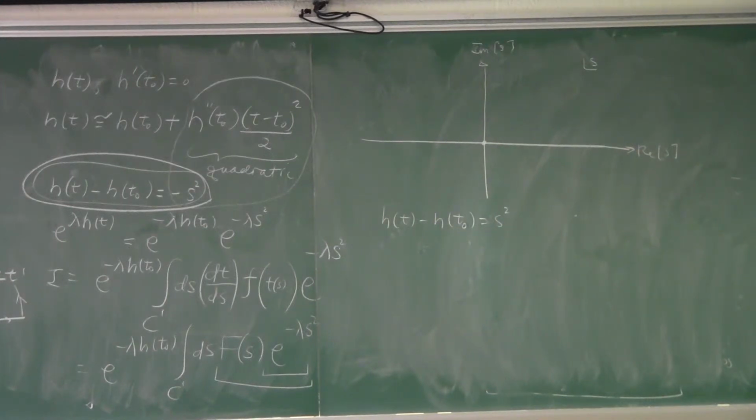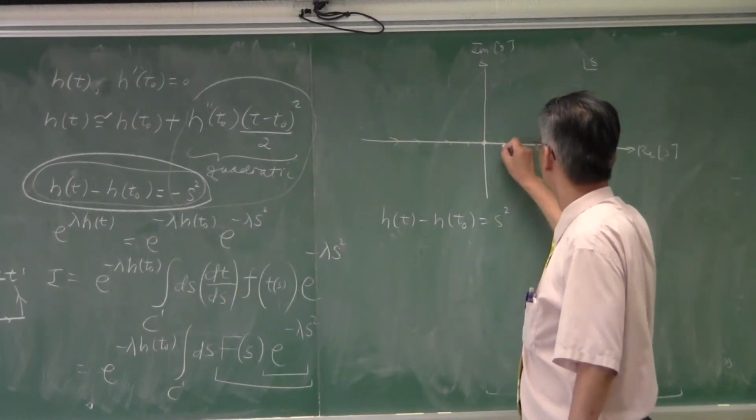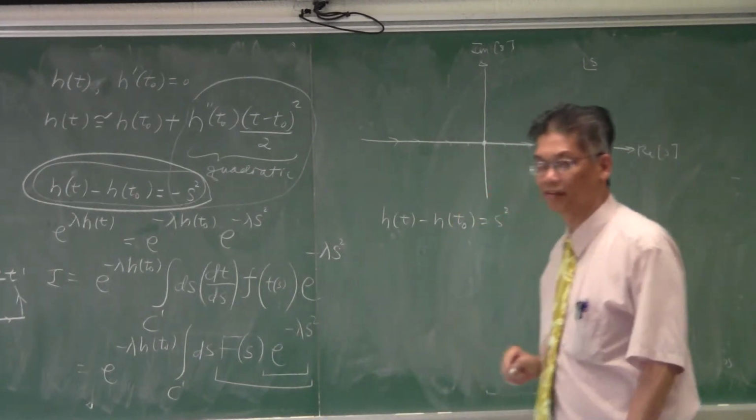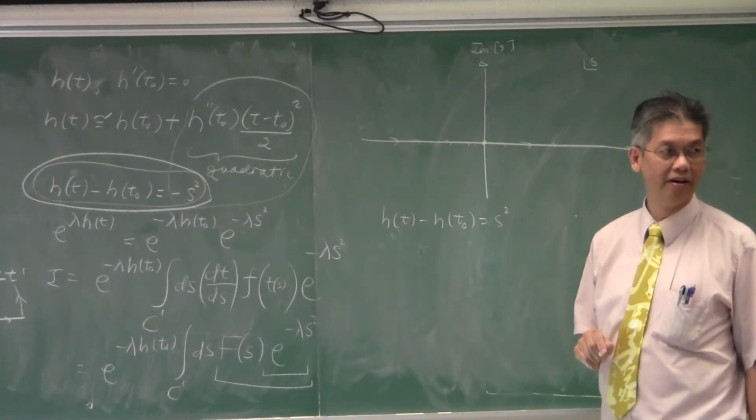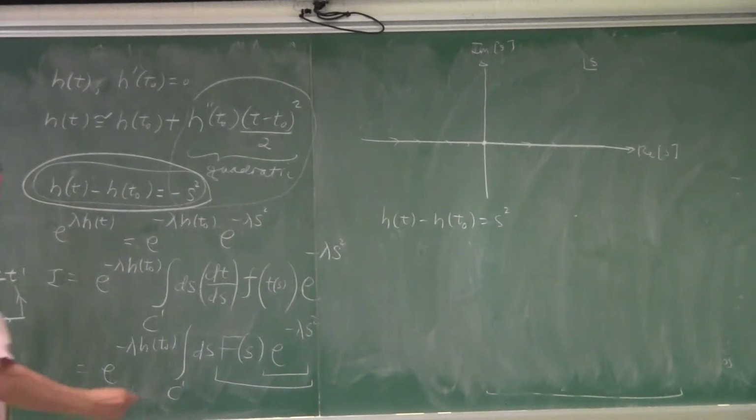On which path on this complex S-plane doesn't the phase change? The real S-axis, right? If I keep to the real S-axis, the phase function does not change its phase at all. So this P must map to this P prime.